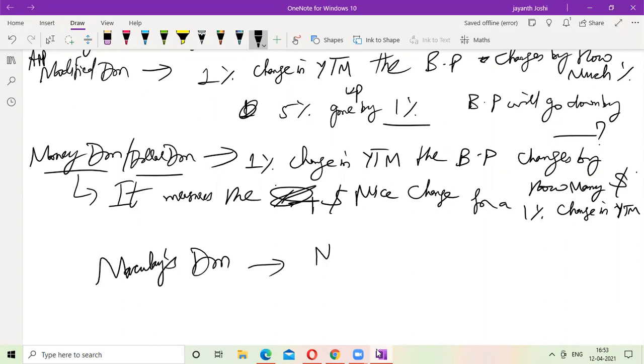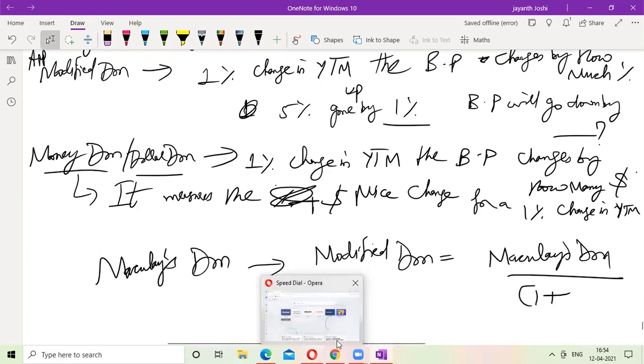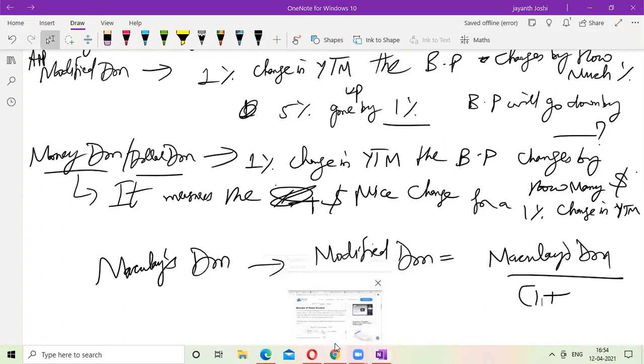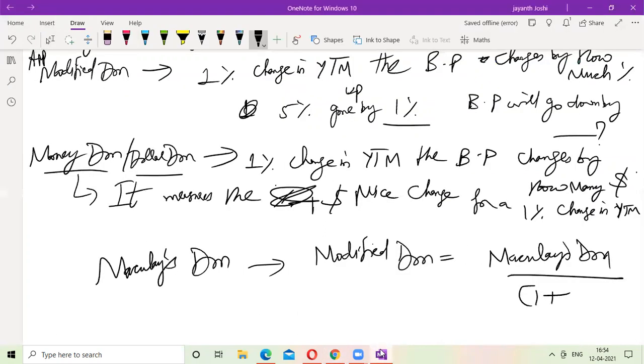How will you find out the modified duration from Macaulay duration? Modified duration is nothing but equal to Macaulay duration divided by 1 plus y, the yield to maturity which they have given. If you divide Macaulay duration by 1 plus yield to maturity, you get the modified duration.